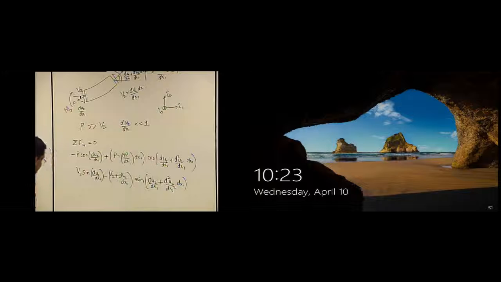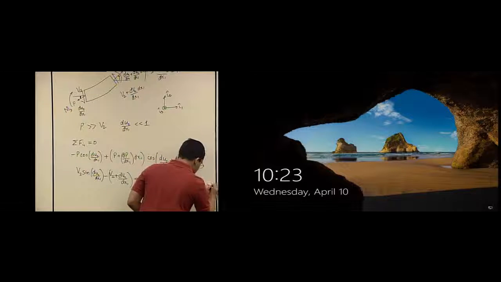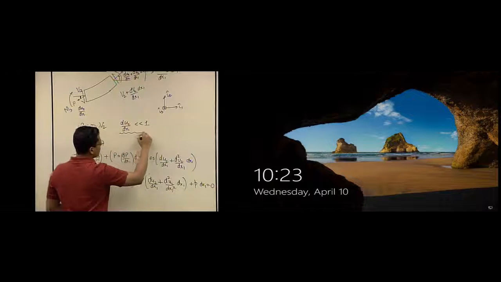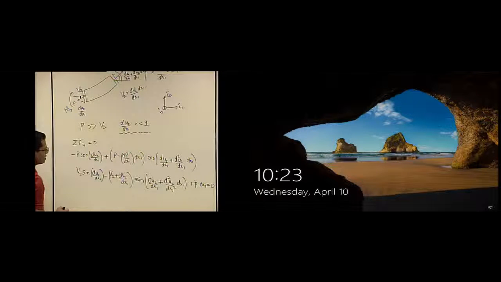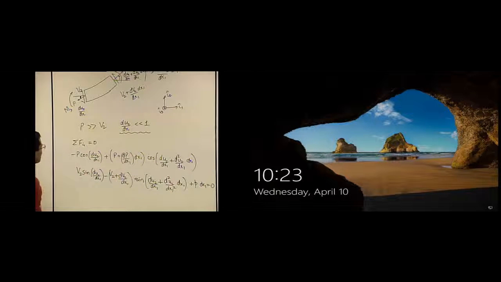And then we have the distributed load p dx1 will go to 0, right? So now we have some simplifications that the angle is small. So the second order derivative of the angles will be neglected.